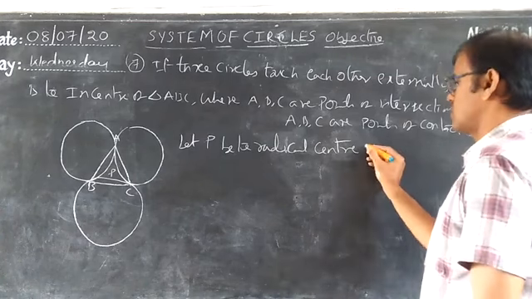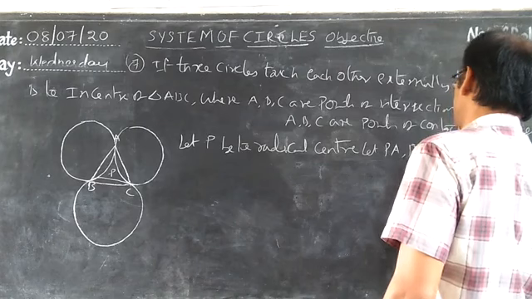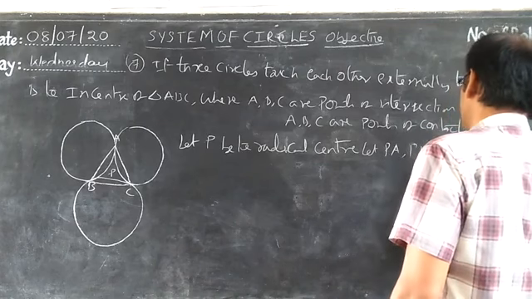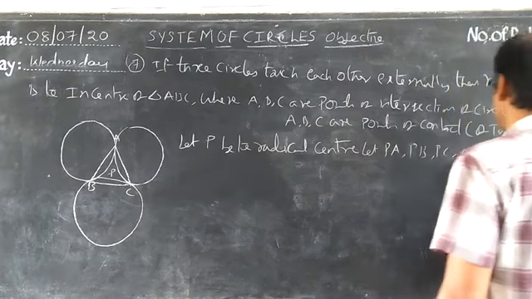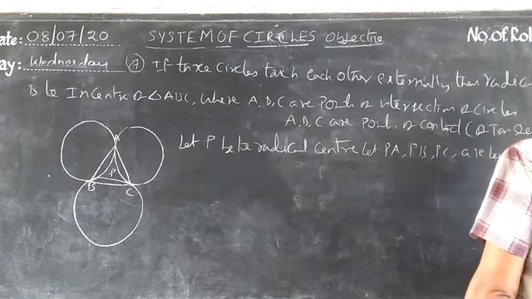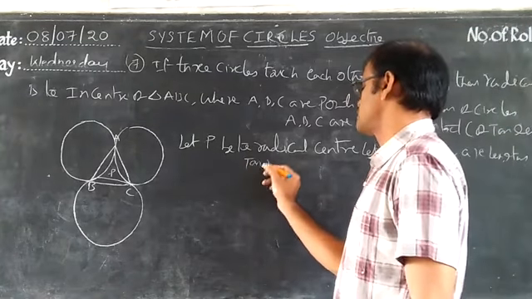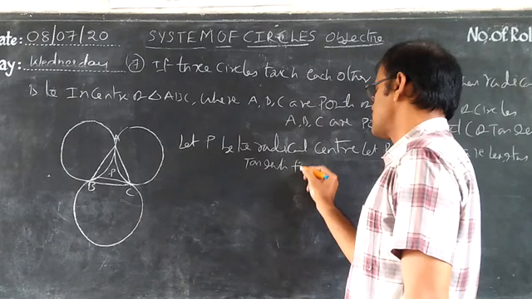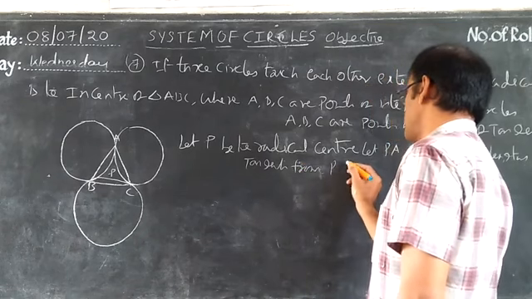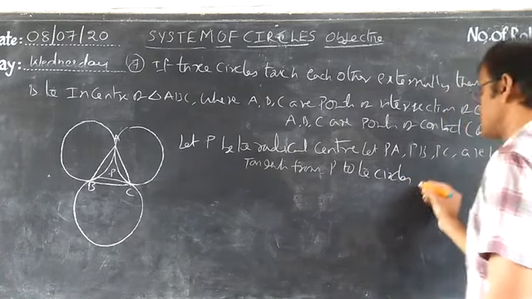Let PA, PB, PC be the lengths of tangents from P to the circles.